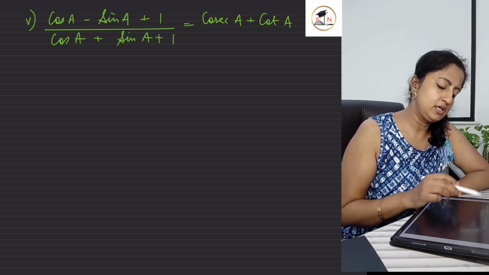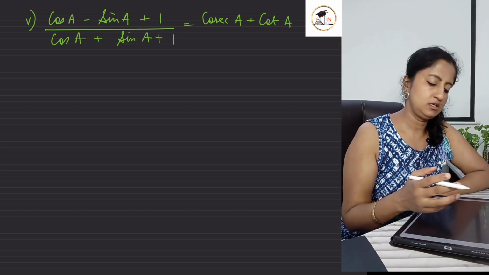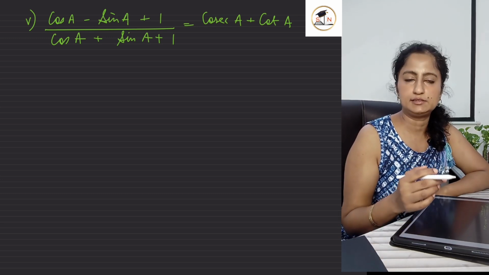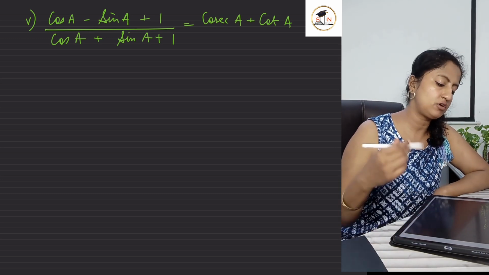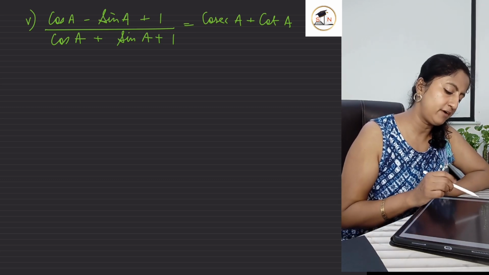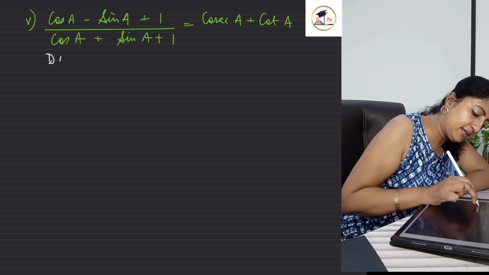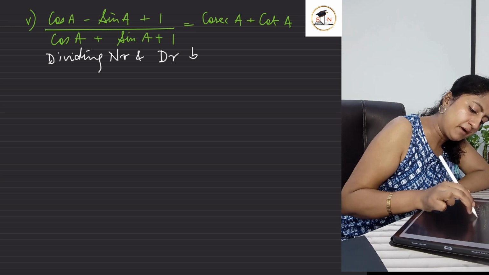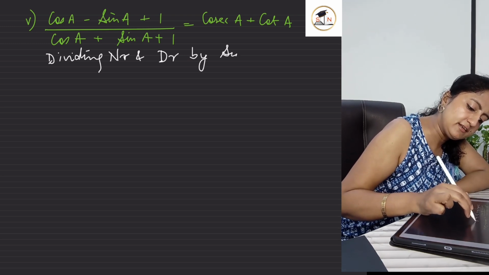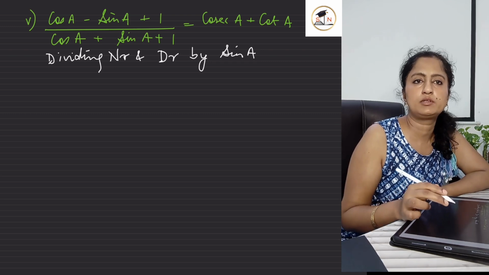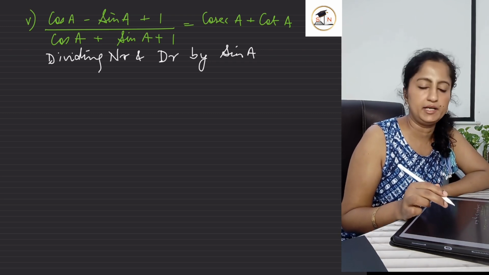Okay, first, the left hand side has cos and sine, the right hand side has cosec and cot. We need to convert things, right? We need to get out of cos and sine in this question. And for that, I'm dividing the numerator and denominator by sine, because I want cosec and cot, and cosec and cot both have sine as the denominator.